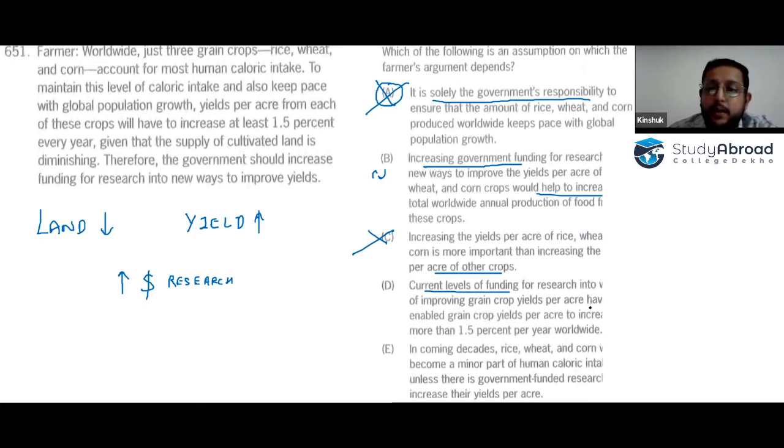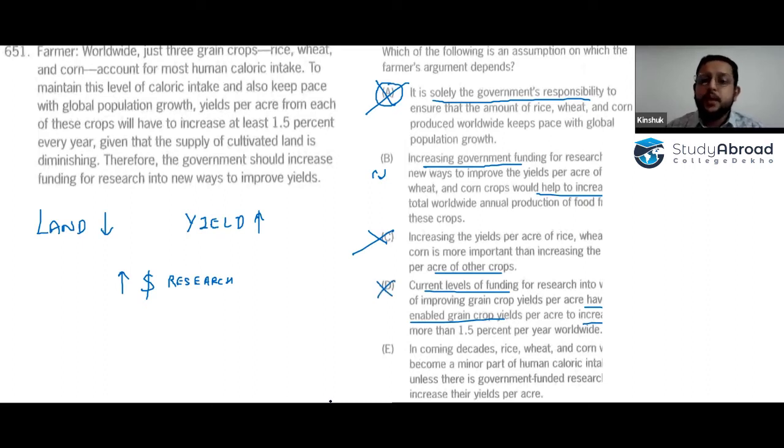See, this is the end of the research. Like you funded the research, you gave money to the research, and then research came out to be fruitful, right? So here in this argument, author is not saying that the research will come out fruitful. The author is limited to the fact that they just should increase the funding, right? So again, this is not going to be the right assumption.